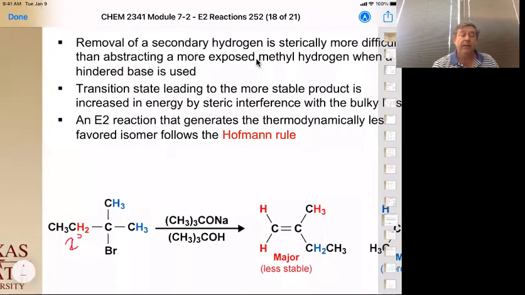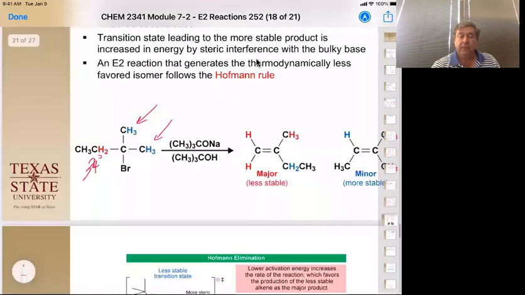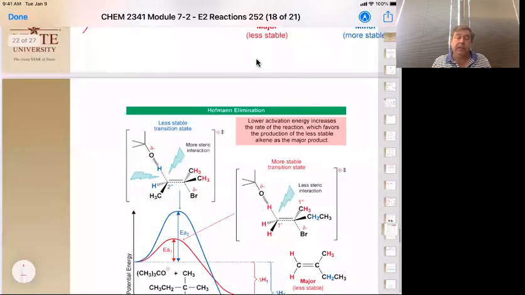However, the base can't come in here and give that possible transition state. It has to stick out here and take one of those off to give the major product, the terminal, less substituted alkene. So what does that transition state look like?